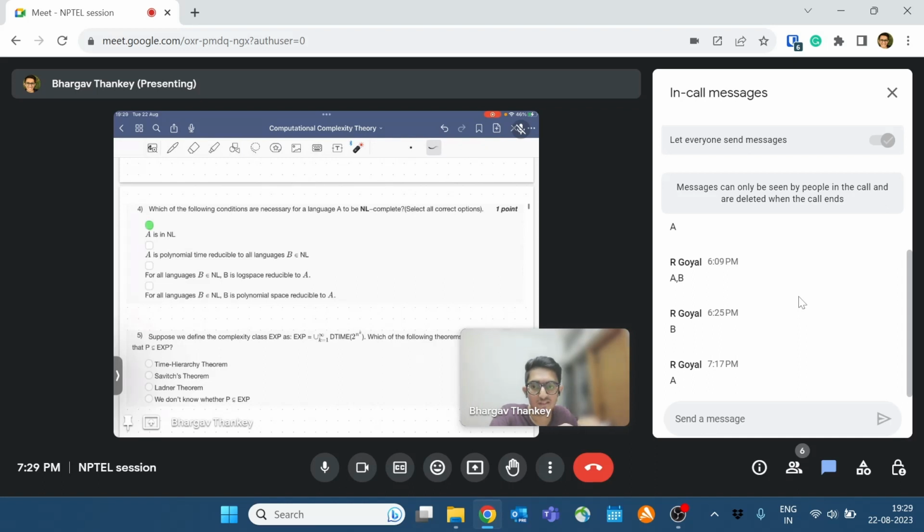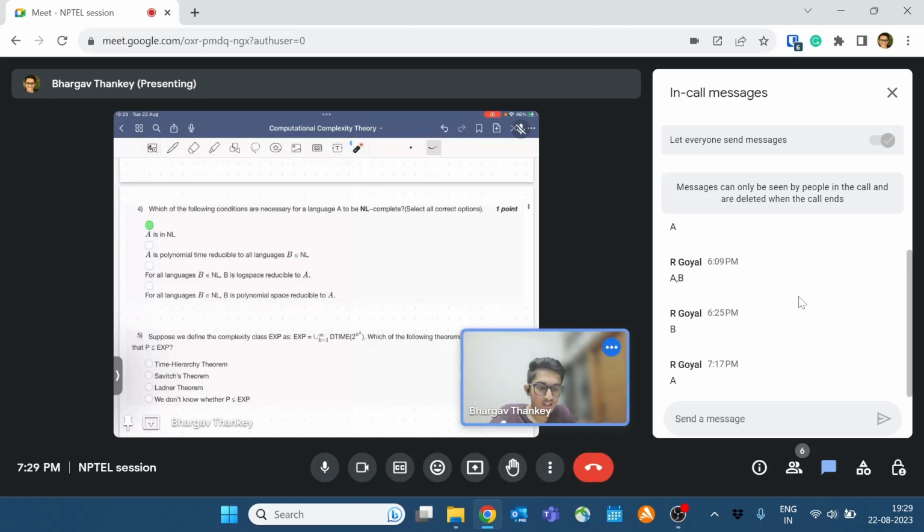That would mean that all the problems in NP can be solved in polynomial time, so that is P equals NP, right? And why was that? Because the reduction was polynomial time.